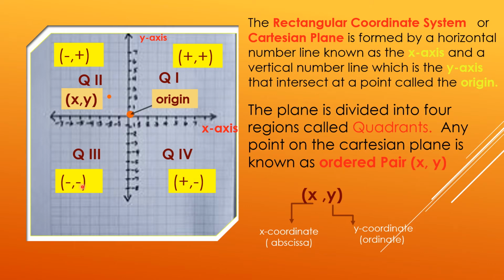And then in the fourth quadrant, x, or the abscissa, is positive and the ordinate, or the y-coordinate, is negative. The coordinates of the origin are 0, 0. X is 0, or the abscissa is 0, and the y-coordinate is 0.